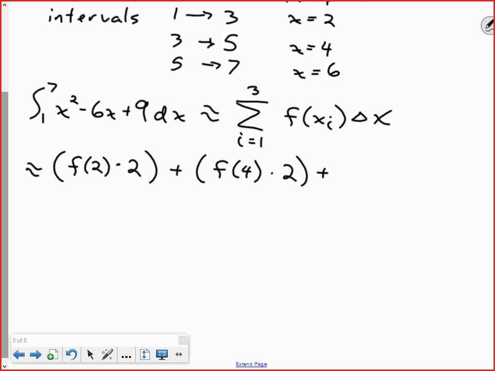And for our last interval, our midpoint is 6, so f at 6, again times 2. So we need to evaluate our function at 2, 4, and 6. Punching this into our calculator, for x equals 2, it's 4 minus 12 plus 9, which gets us 1.